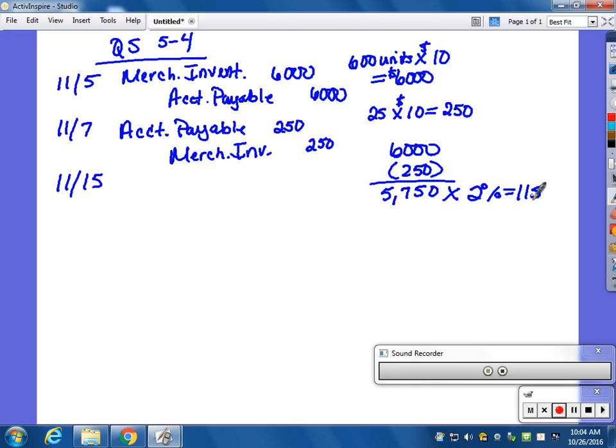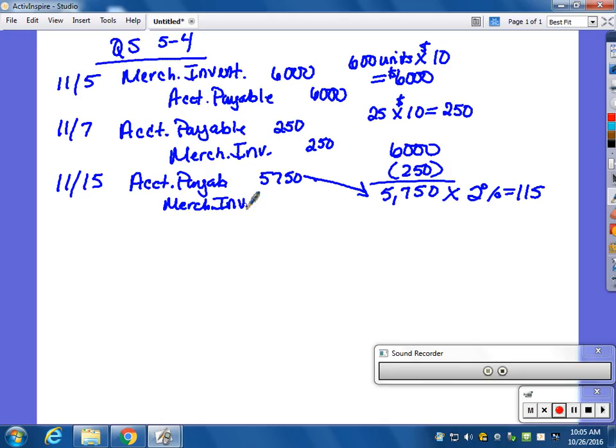Debit to accounts payable for the $5,750, which is this amount here, right? And then a credit to what? Merchandise inventory.